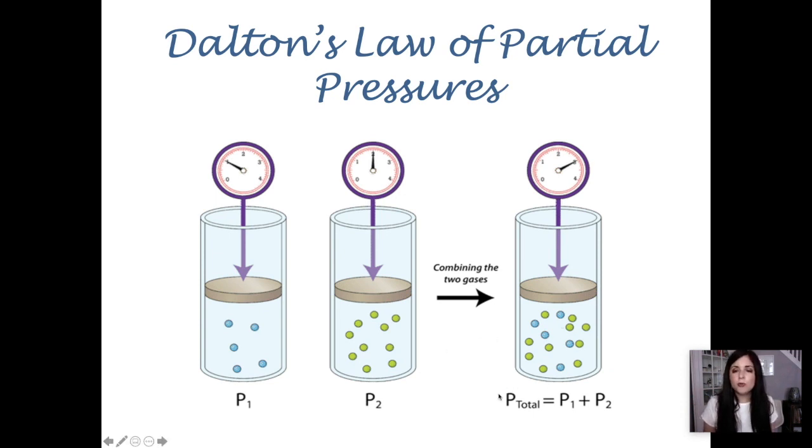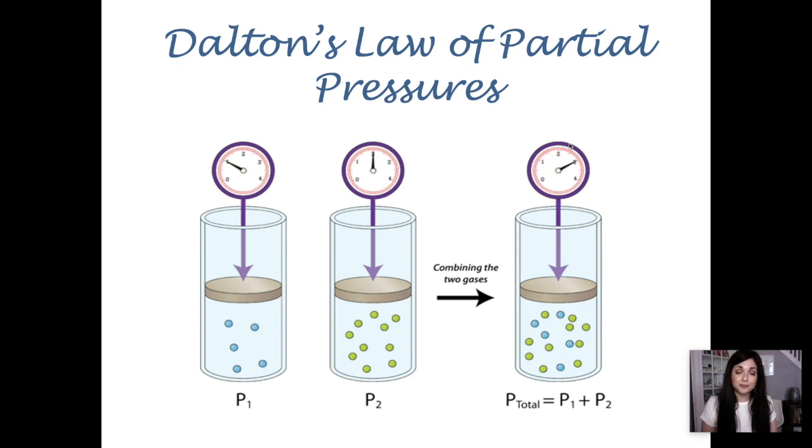So the total pressure is equal to the sum of both of the individual pressures. This little gauge tells us that we would have a total pressure of 3 atmospheres, because 1 plus 2 gives us 3 atmospheres. And that's Dalton's law of partial pressures.